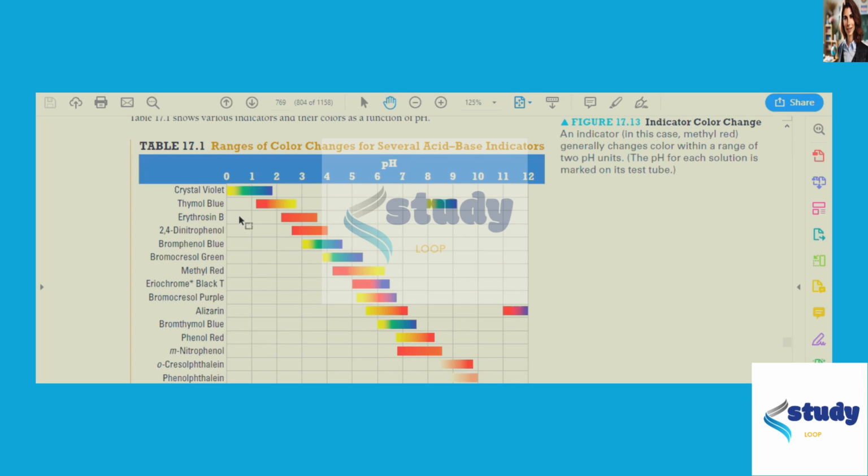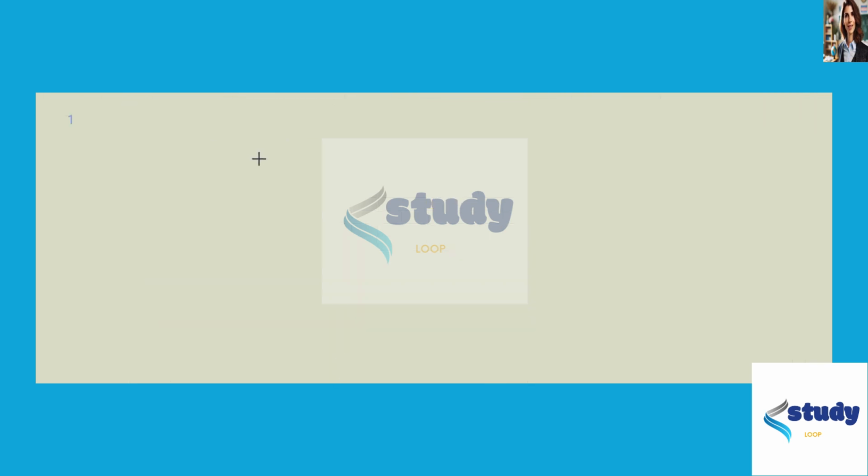If the pH is acidic, then we will choose an indicator which changes color at acidic pH, or if the pH is neutral or basic, we will have to choose the indicator accordingly. To find the pH at the equivalence point of each titration, we have to set up an expression or a relation between the pH and the Ka or Kb values.